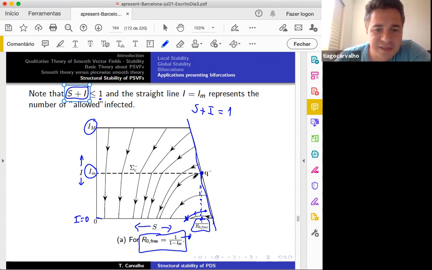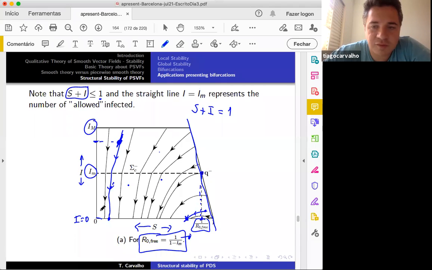The same occurs for all other initial conditions. If we start our protocol in this situation, after some time we will have 0 infected individuals.